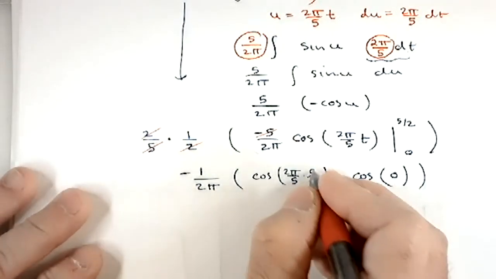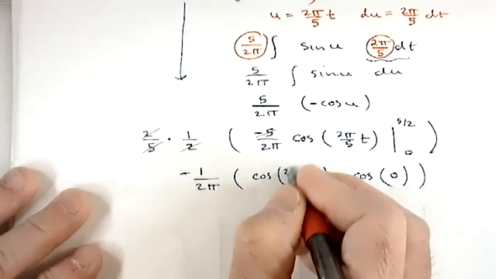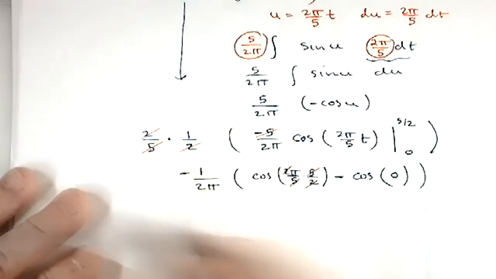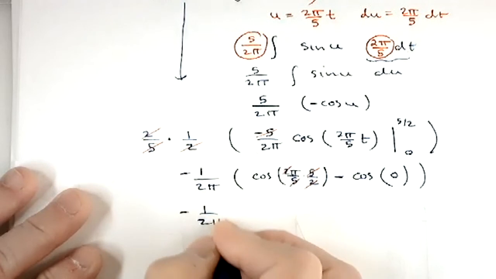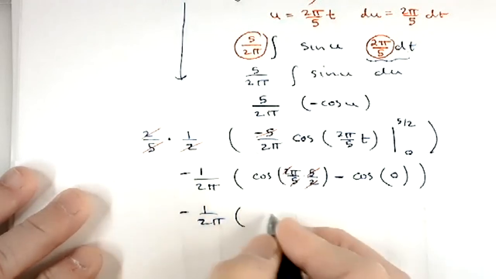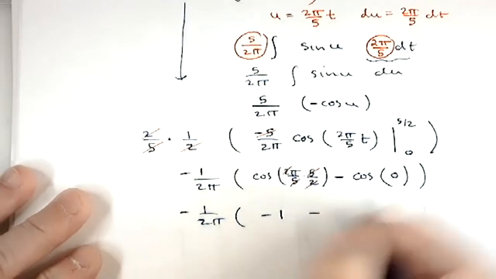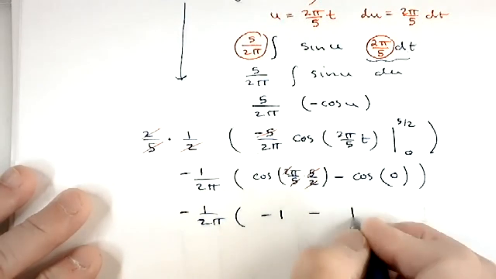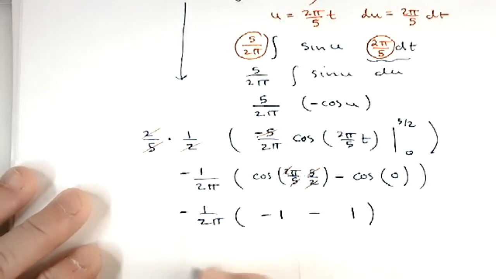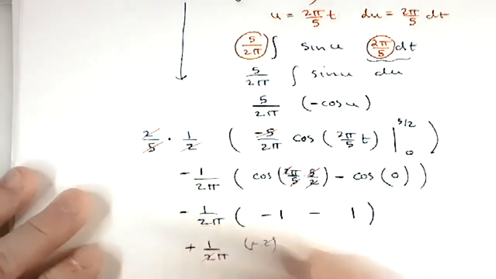Two pi over 5 times 5 halves is just going to end up being the cosine of pi. And the cosine of pi is negative 1 minus cosine of 0 is positive 1. Negative 1 minus 1 is negative 2. And negative 1 over 2 pi times negative 2 is 1 over pi.